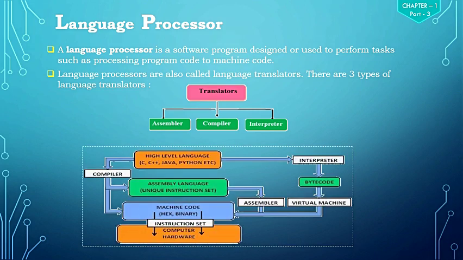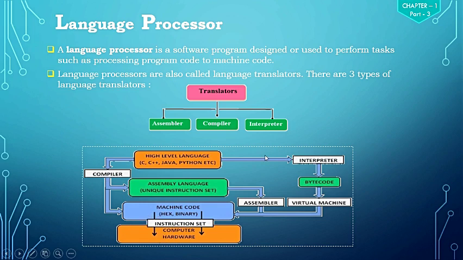Using this diagram we can understand the working of the compiler, interpreter as well as the assembler. So first see the compiler. You can see here the compiler converts the high level language either to assembly level language or machine level language, and this machine level language will be executed over the computer hardware.